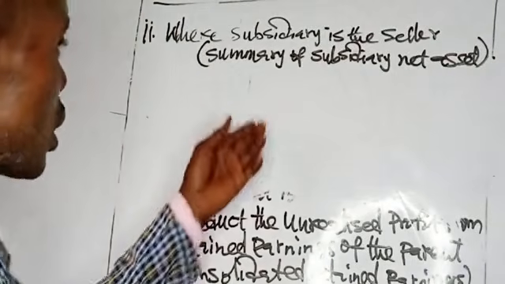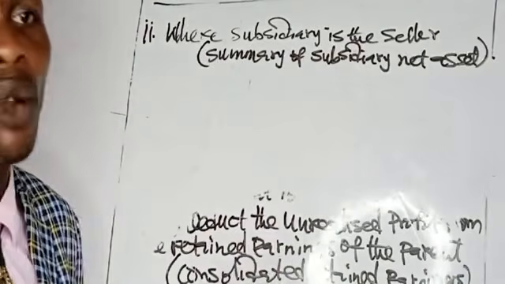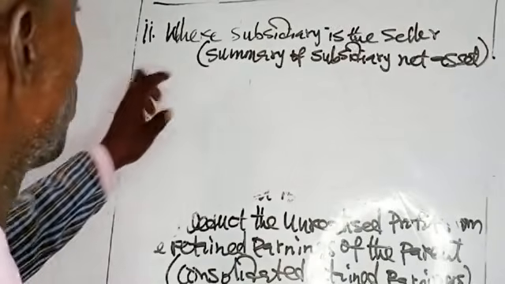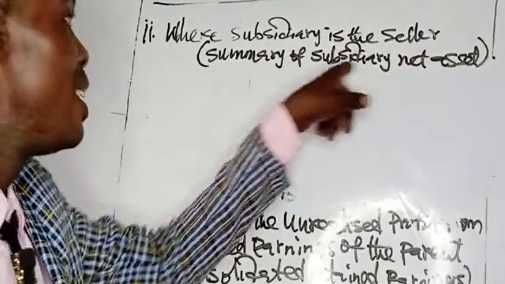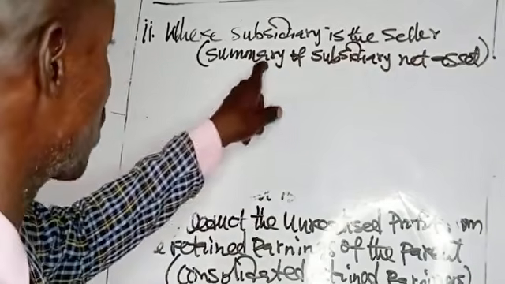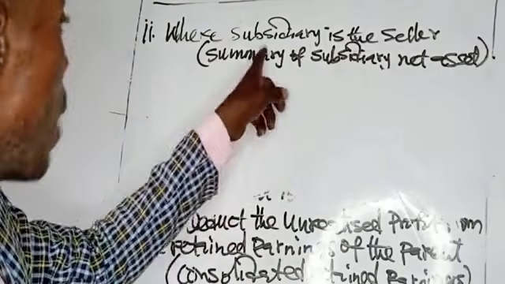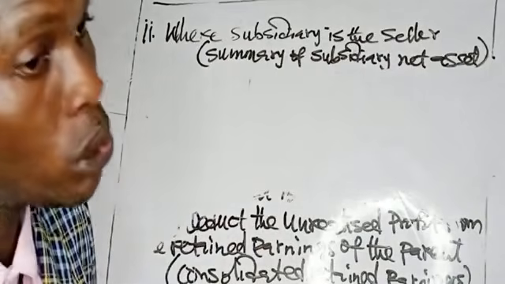This is because if subsidiary is the seller, remember the profit of the subsidiary will still be shared between the parent and the non-controlling interest. So that means if you are putting the unrealized profit in the summary of the subsidiary net asset, or in the post-acquisition profit of the subsidiary in the summary of net assets, that means you are indirectly sharing that unrealized profit between the parent company and the non-controlling interest.